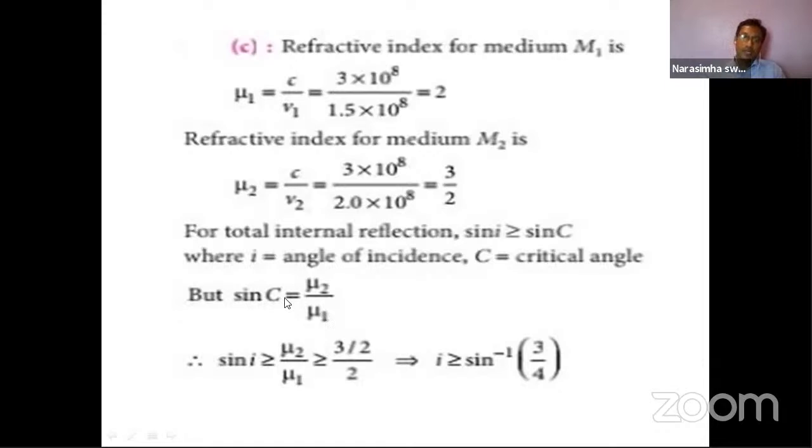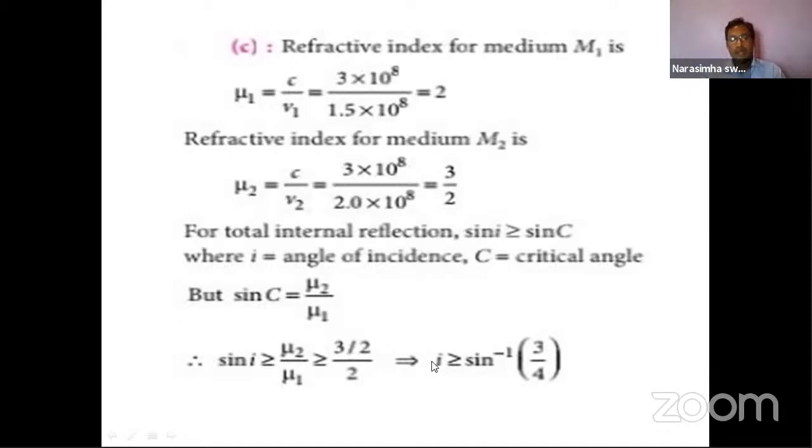We don't want sin C alone, we need just greater than that, because the condition is total internal reflection. So sin I is greater than or equal to mu 2 by mu 1. Here mu 2 by mu 1 works out to 3 by 4.